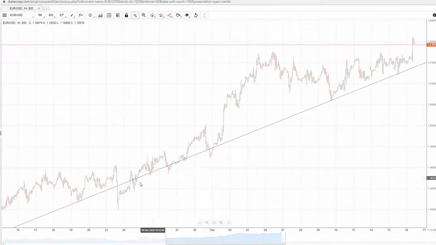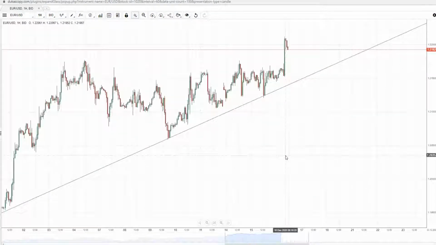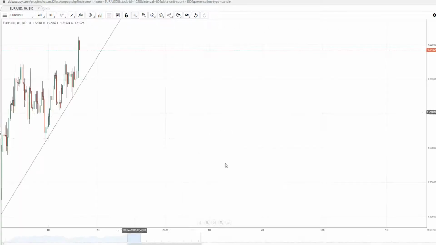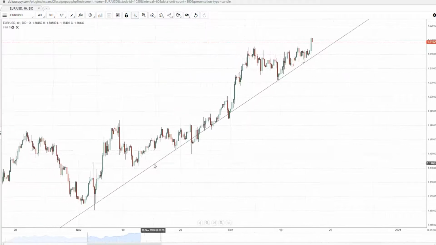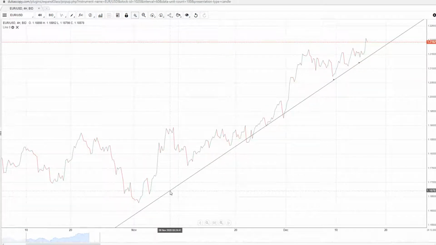And even when you look at the previous level, you can see that it's kind of respecting the uptrend line very well. So let's go to 4 hours, and the 4 hours time frame is still showing that this is kind of a bullish trend for the Euro USD.